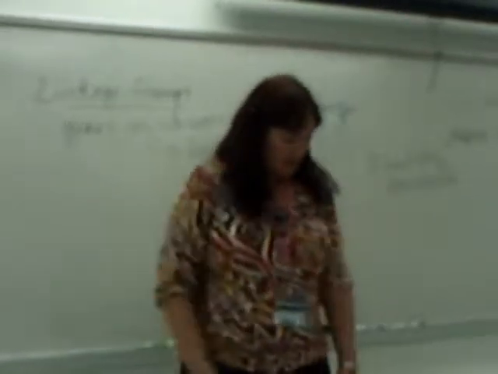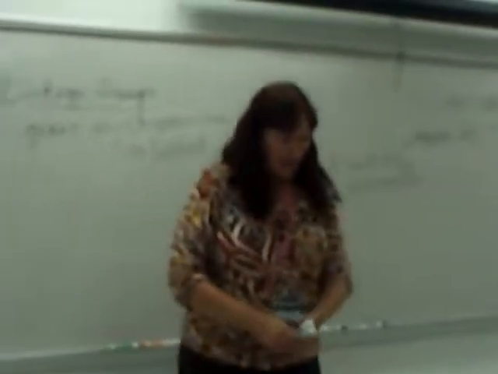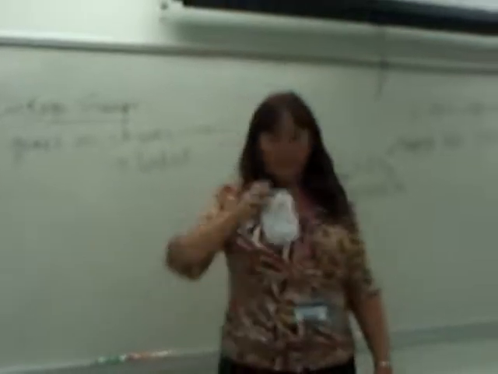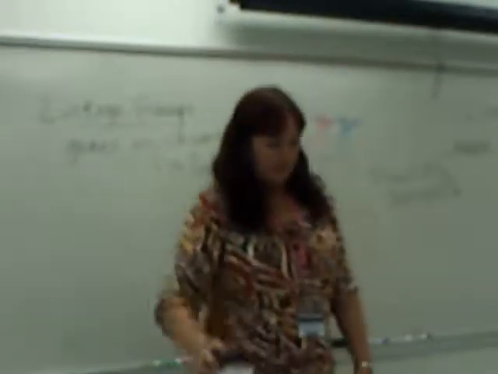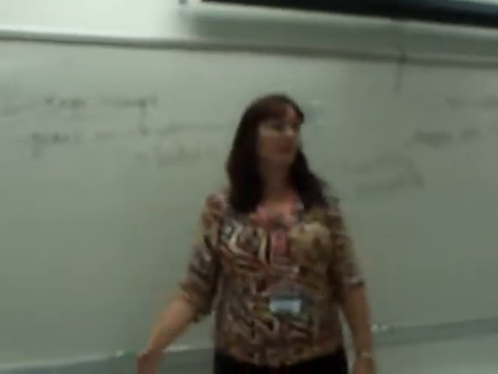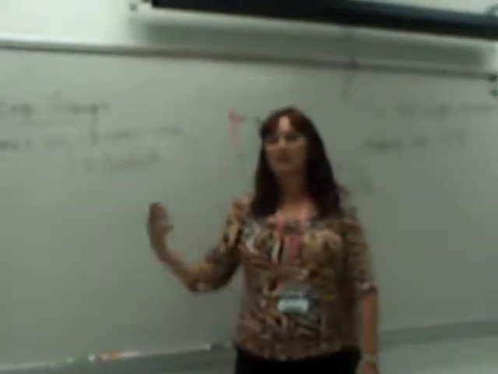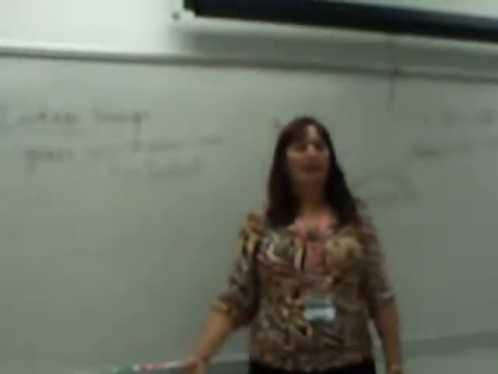Okay. The next section, page 163, is talking about genes and the environment. So you may have genes for something that are not actually expressed in you because of your environment. And they give some examples, but I like a different example.